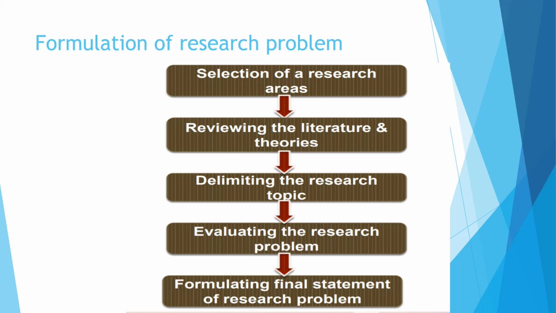The next stage is delimiting the research topic. In this step, the researcher proceeds from a general area of interest to a more specific topic of research to conduct a study. As in the example I gave before, the broad topic is female feticide. Once he or she reviews the literature and theories, he or she decides to conduct a study on female feticide, then limits it to a specific research topic.